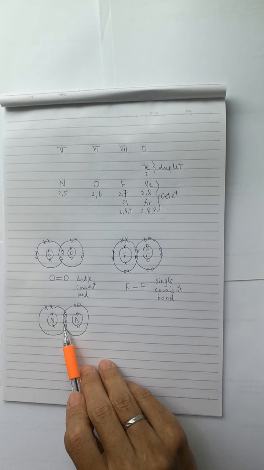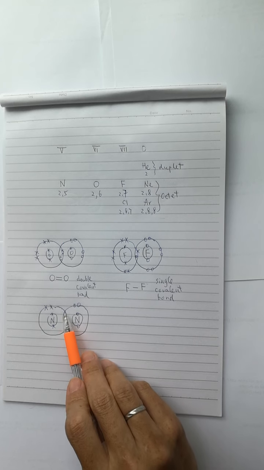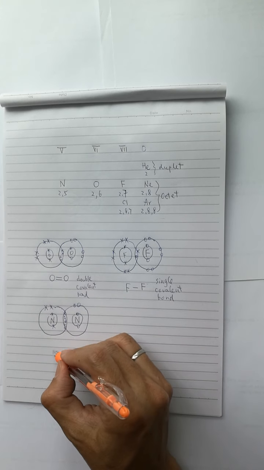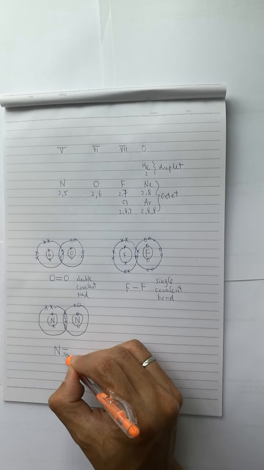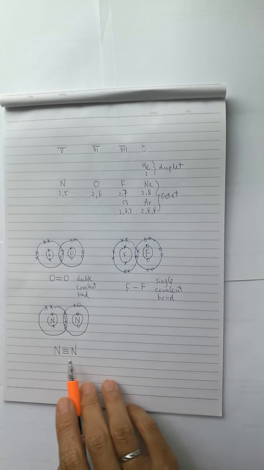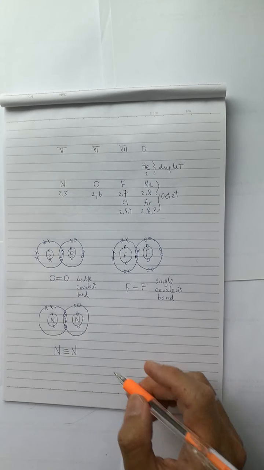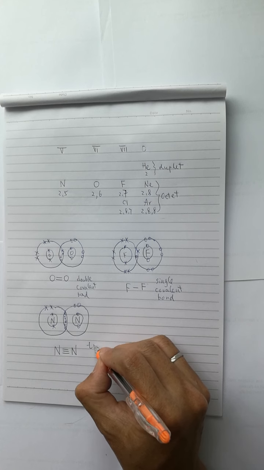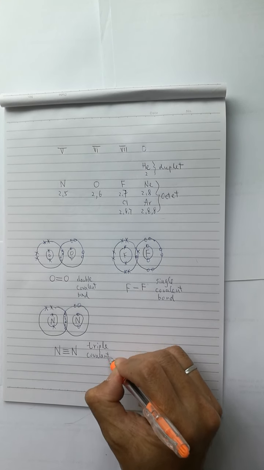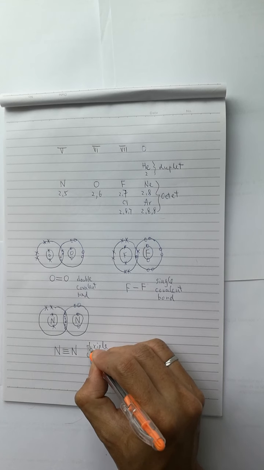And after this, there are 6 electrons shared. And it can be represented by 3 straight lines between the 2 nitrogen atoms. And it is called a triple covalent bond.